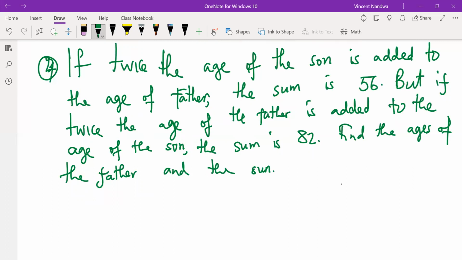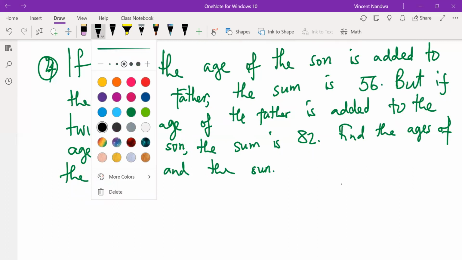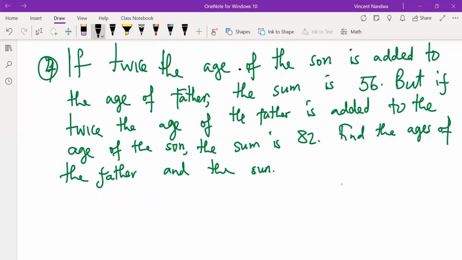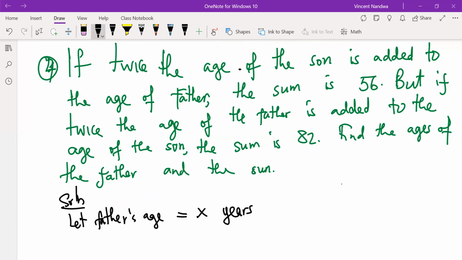So we don't know the age of the father and also don't know the age of the son. So we can say let father's age be X years and son's age be Y years.